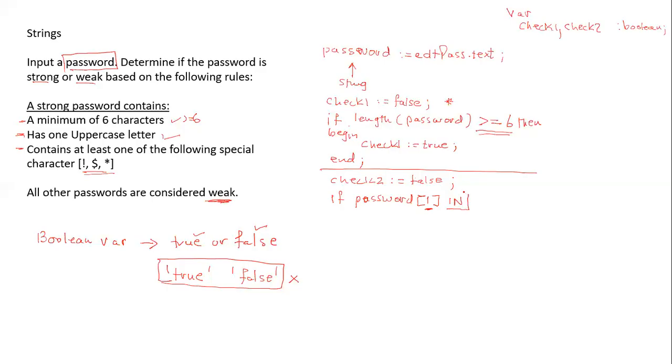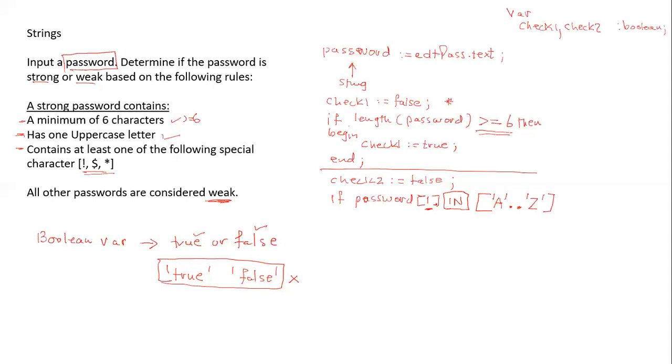Delphi has an operator in. I can then check if some value is in, and I can define my set using square brackets. And if I want capital letters, I will then say A dot dot is a range. Where do I want my range to stop? At Z.